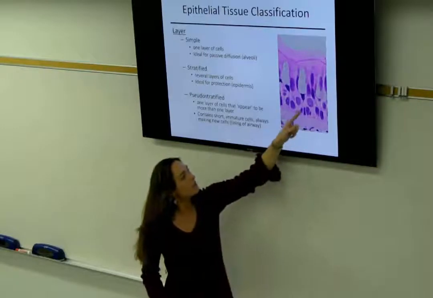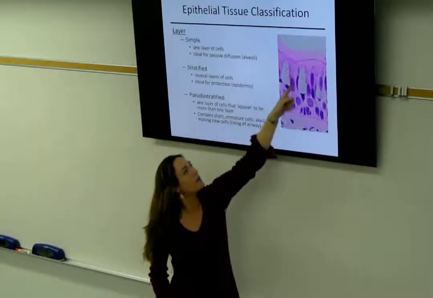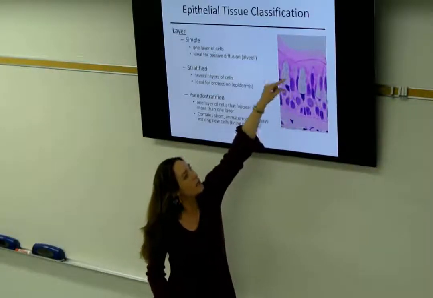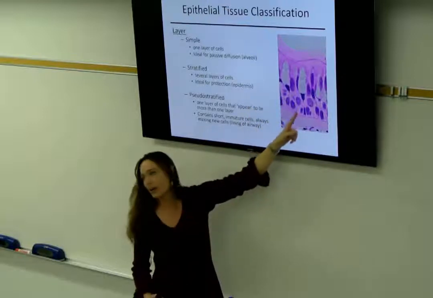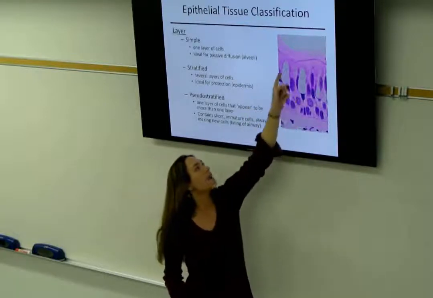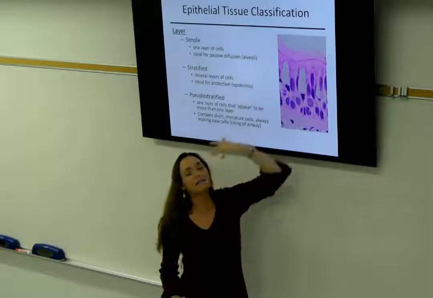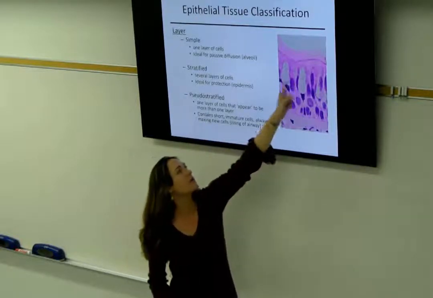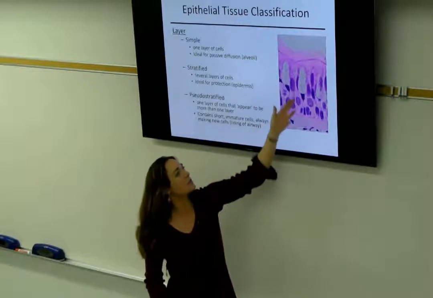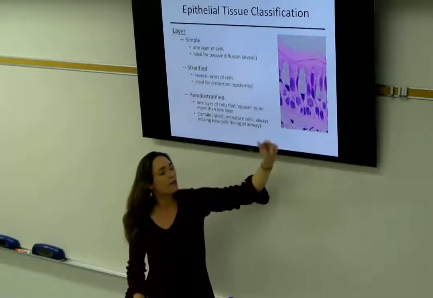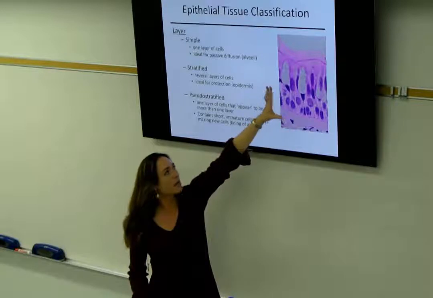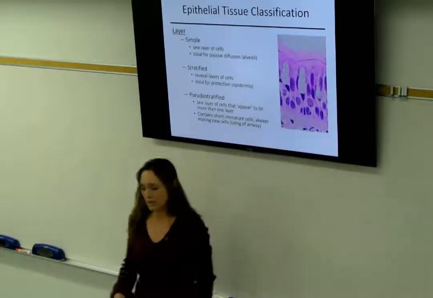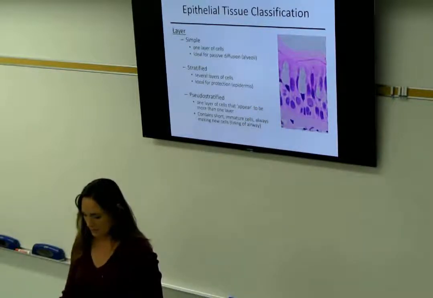Even though we have a little one here and a big one here, even this one looks like it's way up here, but it still has an anchor way down here. These other things are goblet cells, because this is the respiratory tract and you're coughing up mucus. That's where it comes from. They're not really counted in there. So pseudostratified columnar, because they're columnar, ciliated epithelial tissue is the name of that.